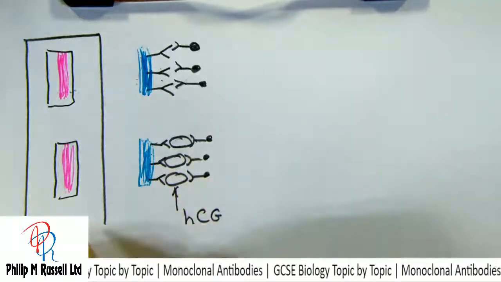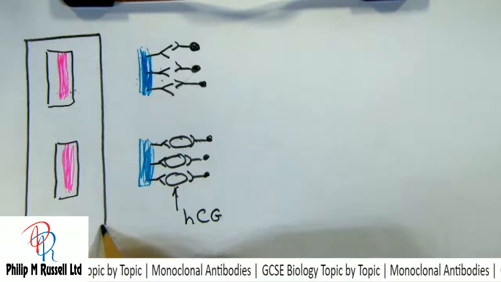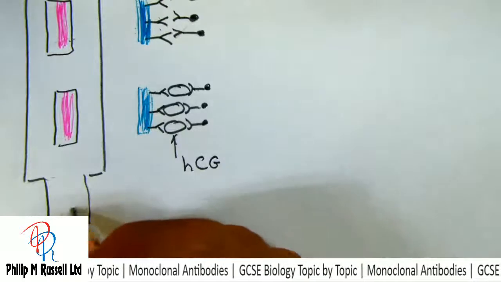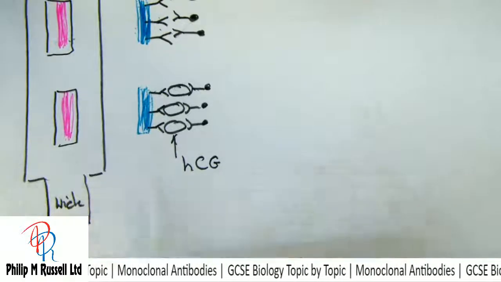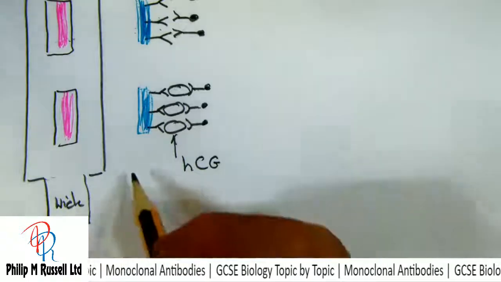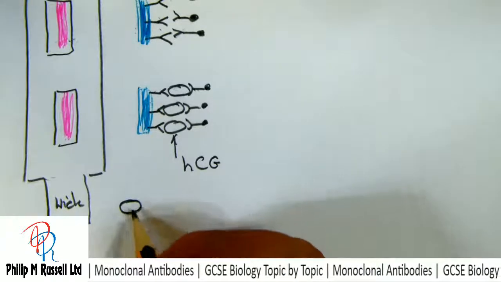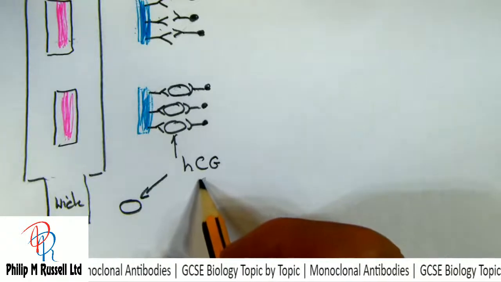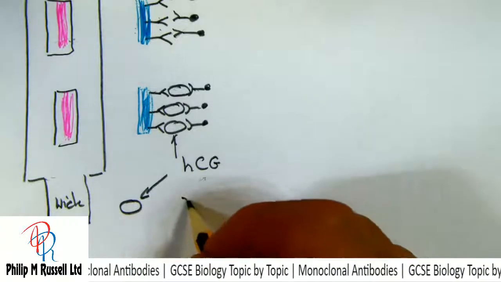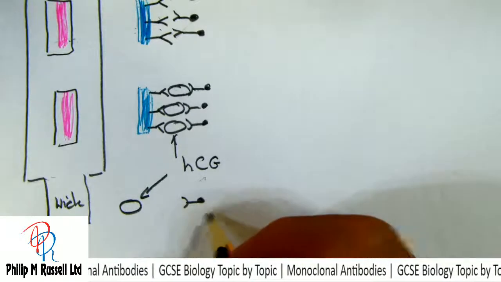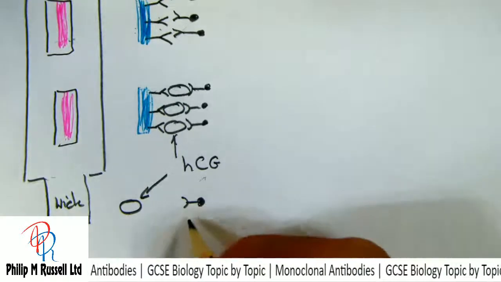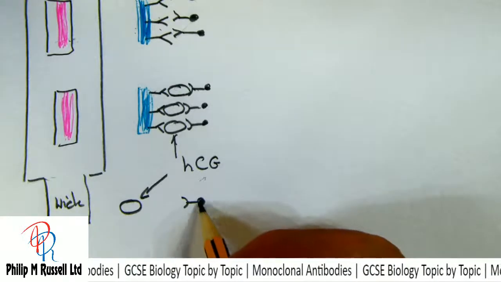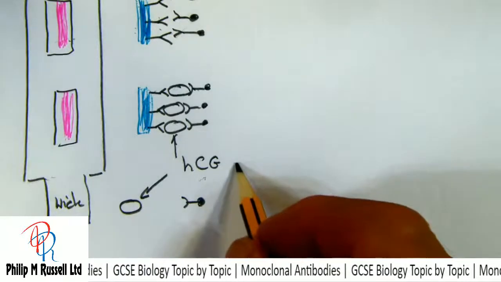So let's start this process. Here is our wick. It's got urine in it, and it's got some human chorionic gonadotrophin in it. In here we've got a monoclonal antibody, and this will combine with that.